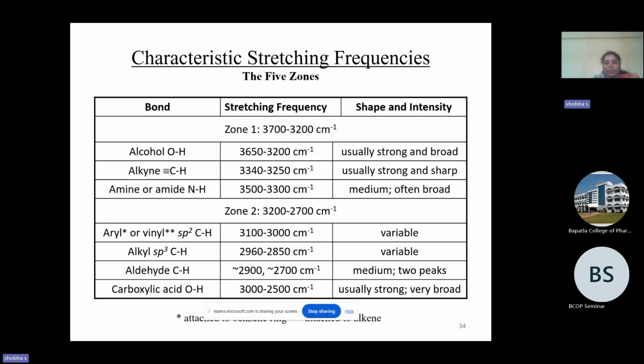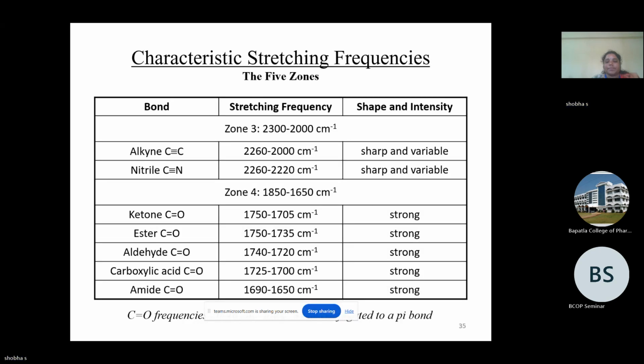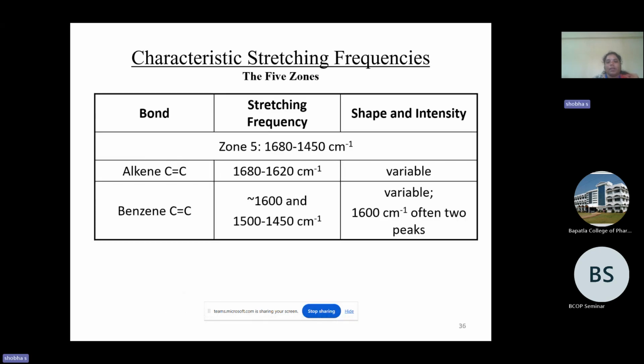It might be confusing now, but no need to worry. You need to practice; that will be helpful for you in learning. So here in zone 5, we see the alkene as well as the benzene stretch, especially C double bond C. The alternate double bonds in benzene, C6H6, mean it has resonance.